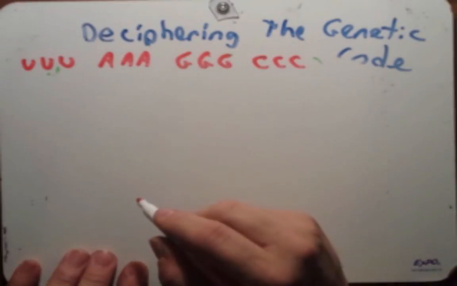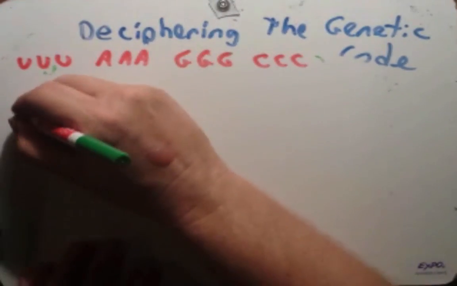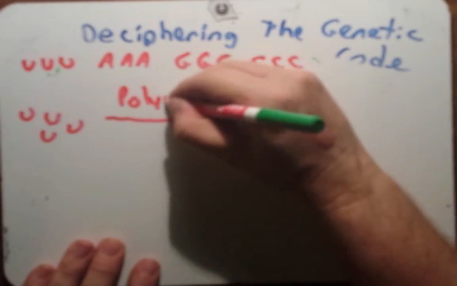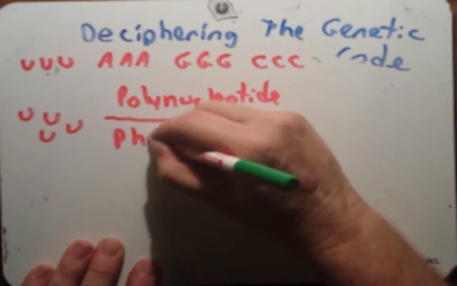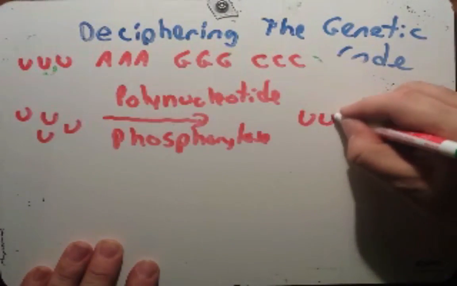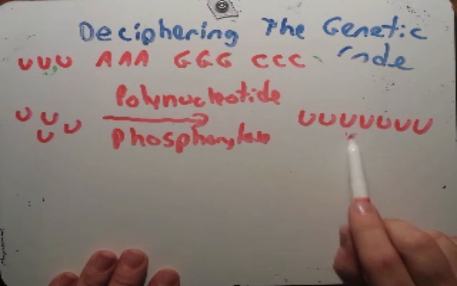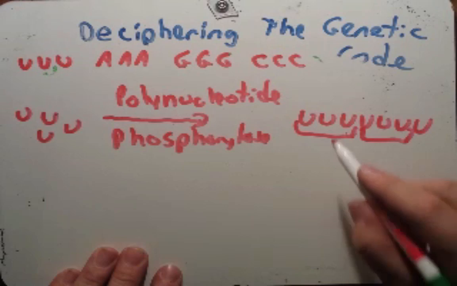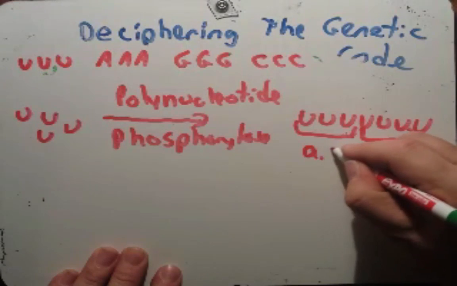That's because they knew if they took a pool of, say, uracils, lots of uracils, and added this enzyme called polynucleotide phosphorylase, they would get a string of U's. And they knew then that every amino acid that came off of this stretch would have a codon of 3 U's. This would help determine that the codon for UUU was a specific amino acid.